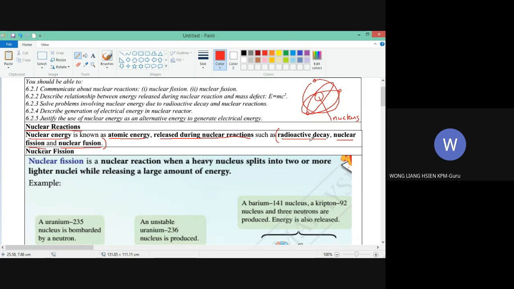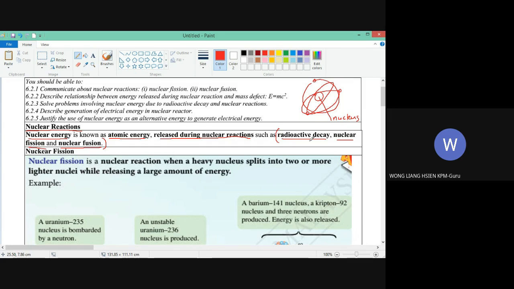And then gamma decay. The gamma ray that comes out from the nucleus carries energy. It is an electromagnetic wave, a medium to transport energy. So the gamma ray transports energy from the nucleus, and that energy is nuclear energy.